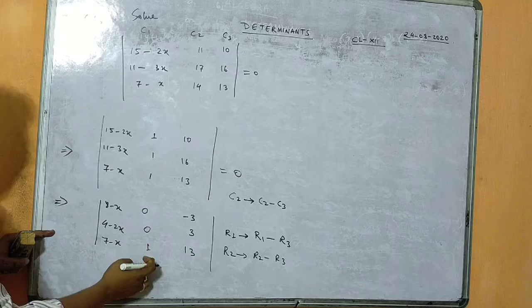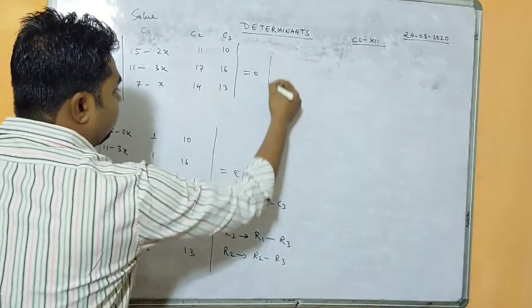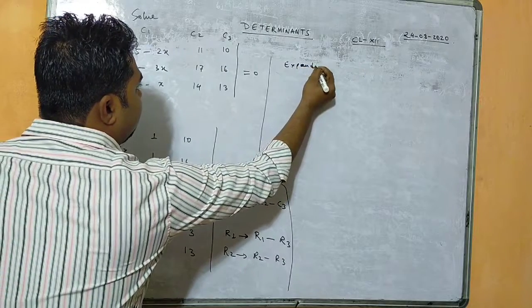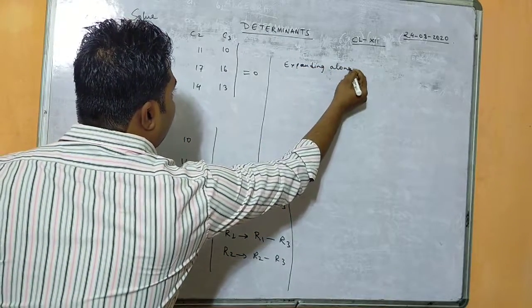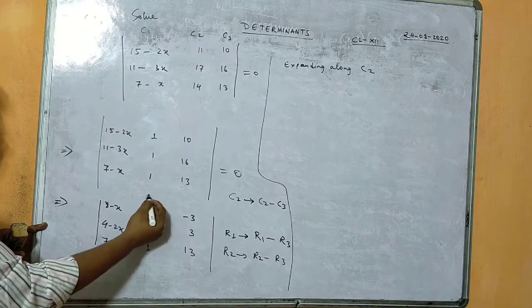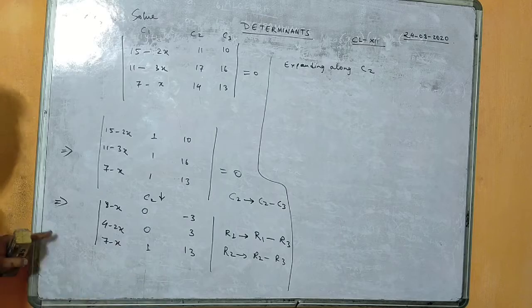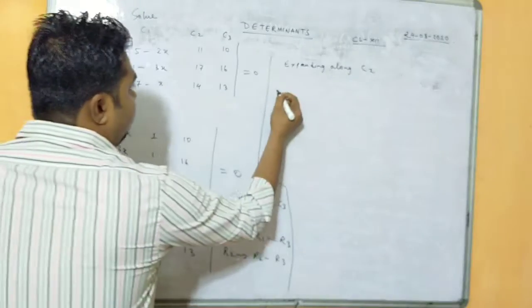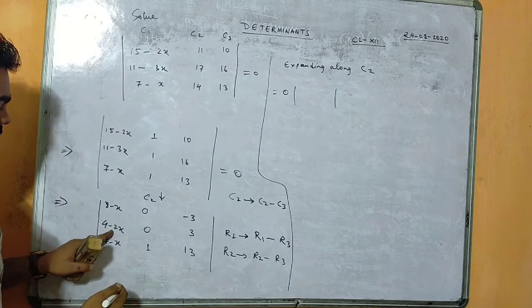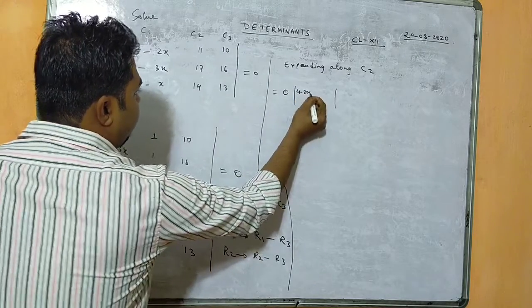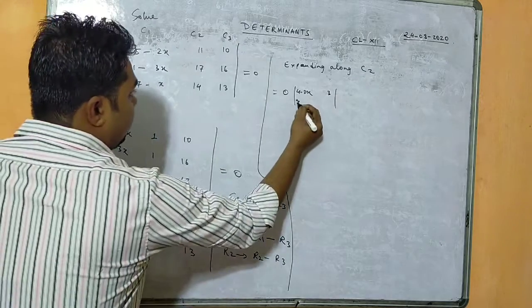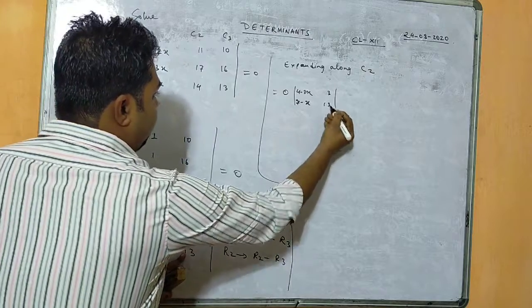Now again expanding along column 2. Because we have 0 0 in column 2, we expand this one. So when you multiply with 0, 0 with the minor, when you solve, then we will get 4 minus 2x, 3, 7 minus x, and 13, right?